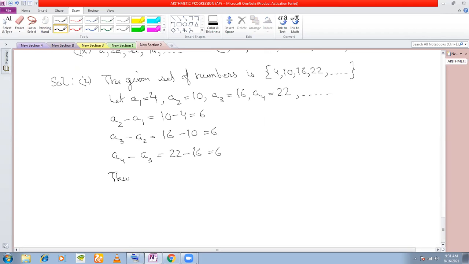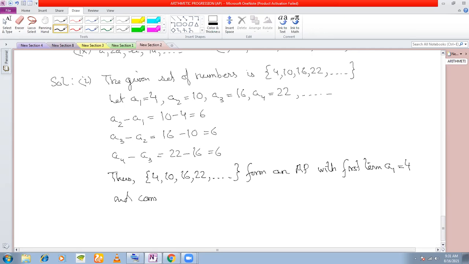Thus, we say 4, 10, 16, 22, and so on form an AP with first term equal to A1 is equal to 4 and common difference D is equal to 6, right?